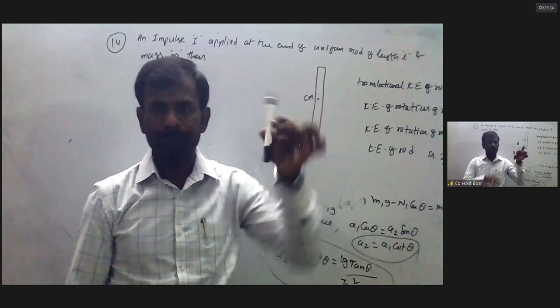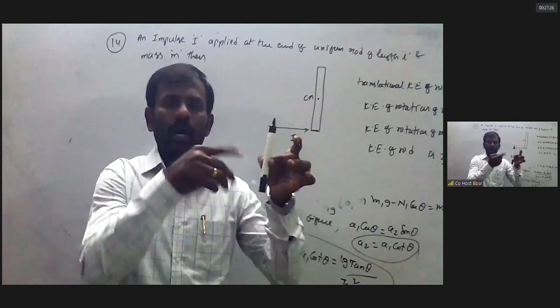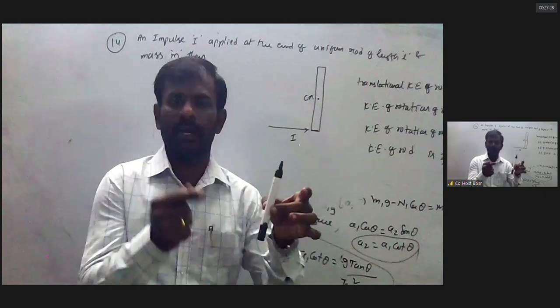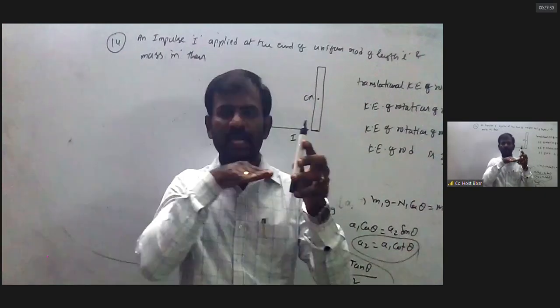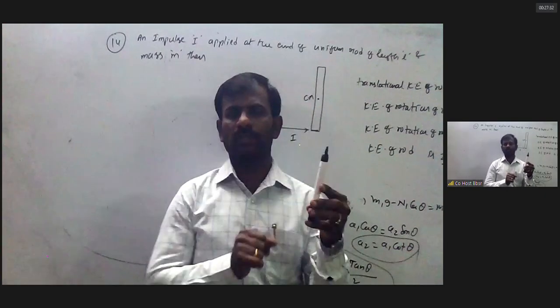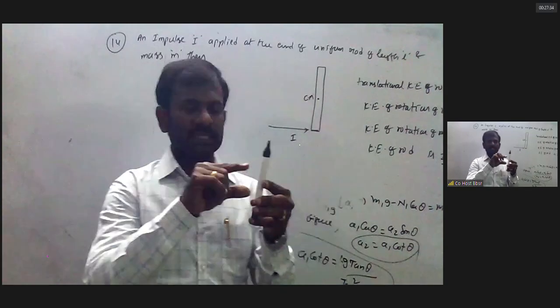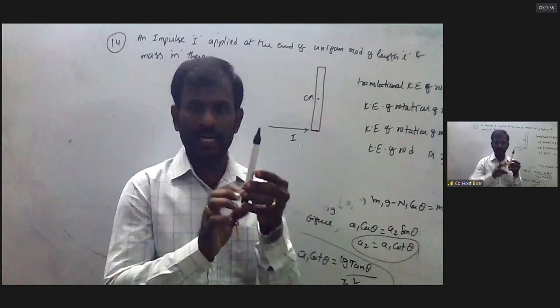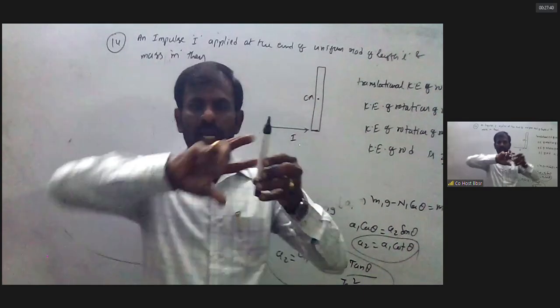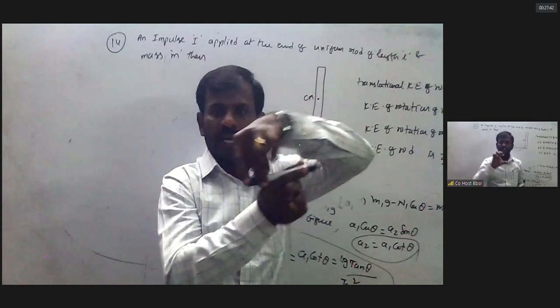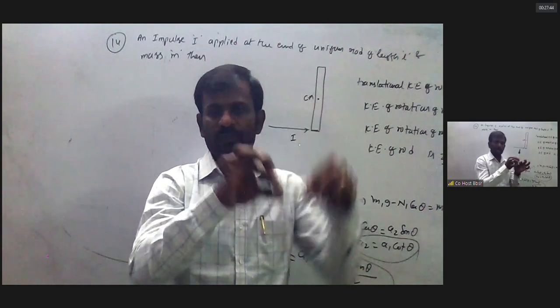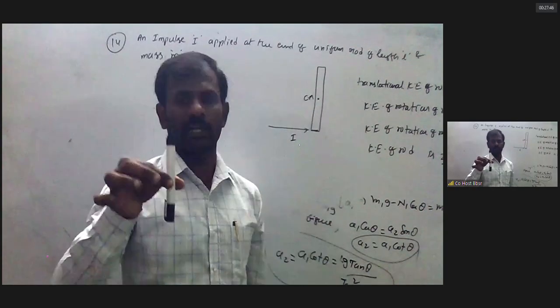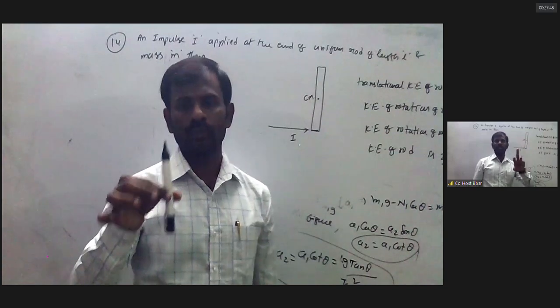No. If it touches above or below the center at any point, definitely it applies some force on it, which is at some distance from the center. Hence, that force develops the torque and causes the rotation. At the same time, the rod tends to move forward also. So here there are two possible cases.